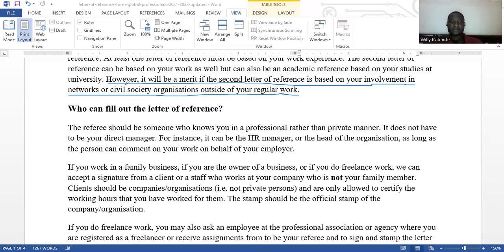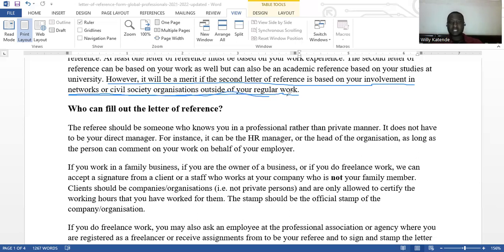So this is very important. If it is possible that you can get a second letter of reference from your network, so a civil society organization outside of regular work, please do. This will make a lot of meaning to your application.